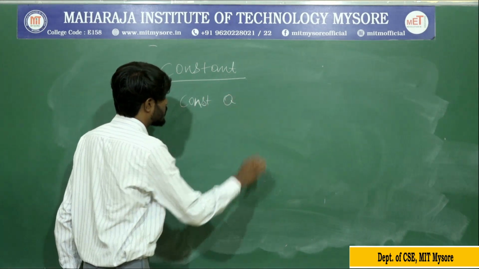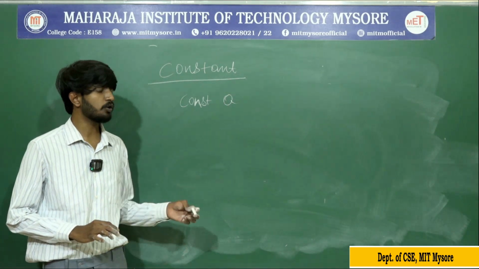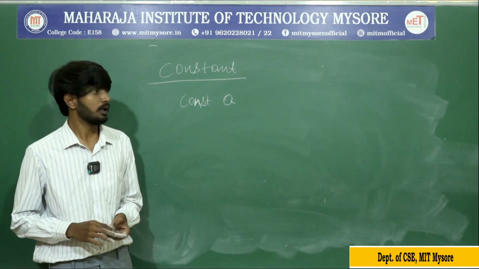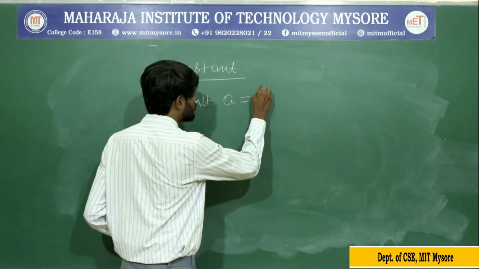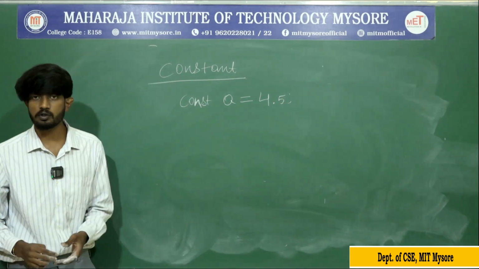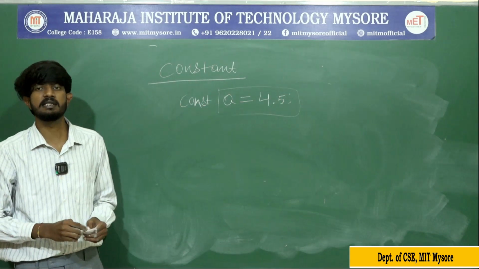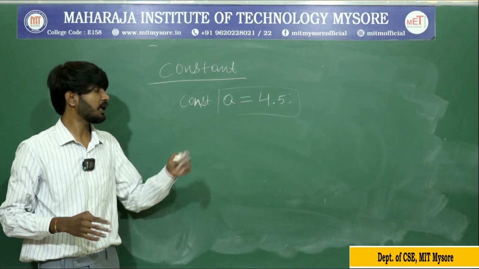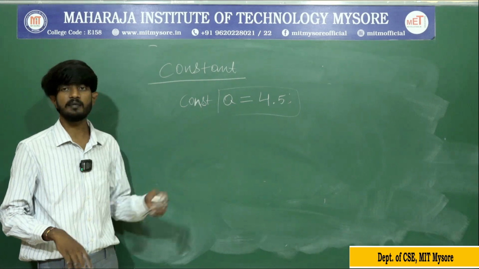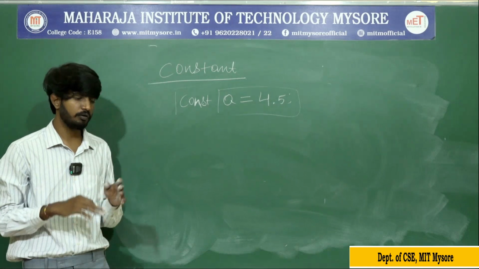Constants are used to specify a value to a particular variable. So if I specify a is equal to 4.5, this a value is not going to be changed. You cannot implicitly or explicitly change the value of a. The a value is fixed to 4.5.